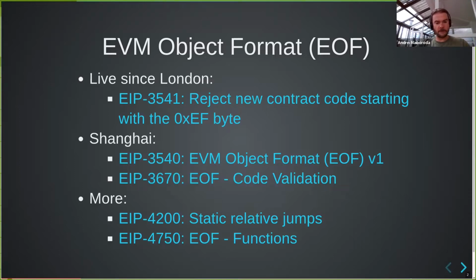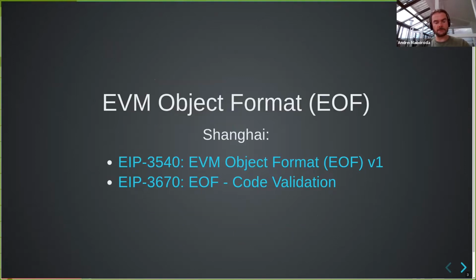But for these two EIPs that we have accepted for Shanghai, I should also clarify the relation between them. 3670 technically requires 3540. It's not possible to deploy it without it, but in fact, we see these two as a single EOF proposal. So we are strongly in favor of activating them together in one upgrade in Shanghai.